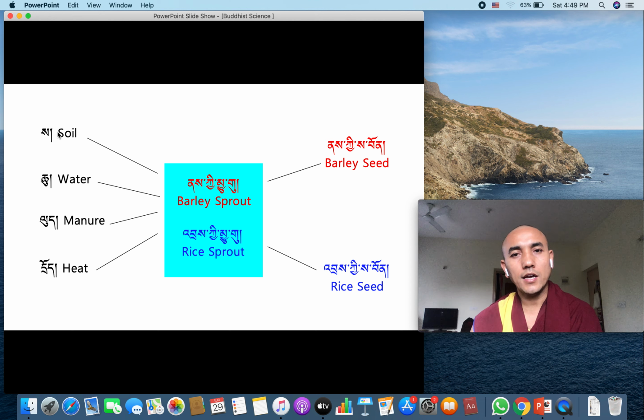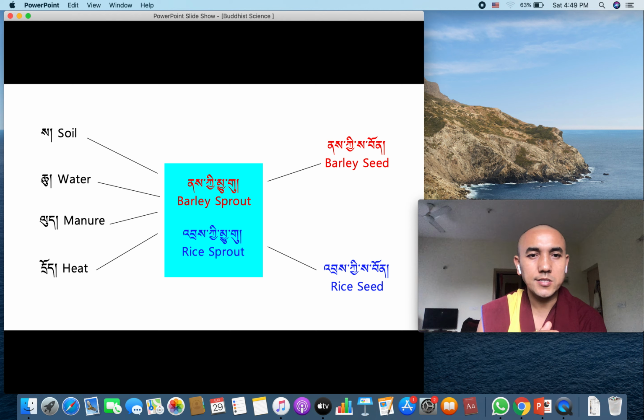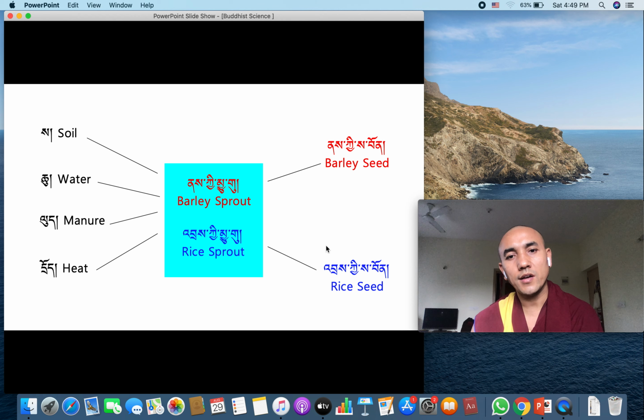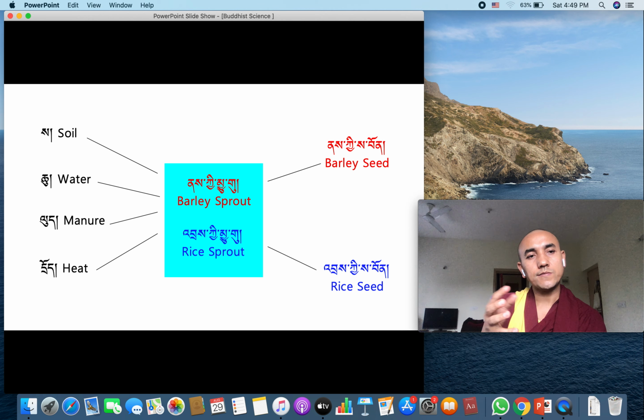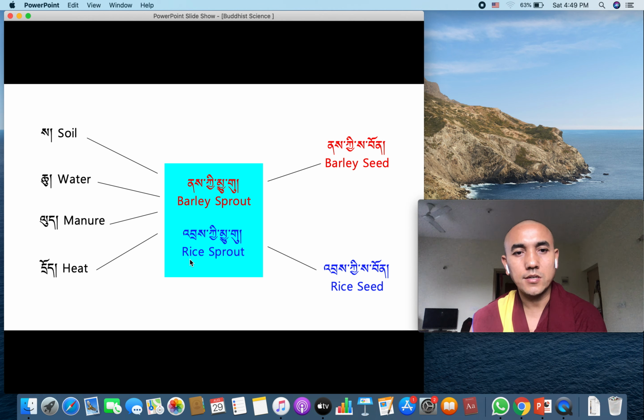They help the barley seed gradually transform into the barley sprout, and they also help the rice seed gradually transform into the rice sprout. So one could say that the barley seed is the substantial cause of the barley sprout, and the rice seed is the substantial cause of the rice sprout.